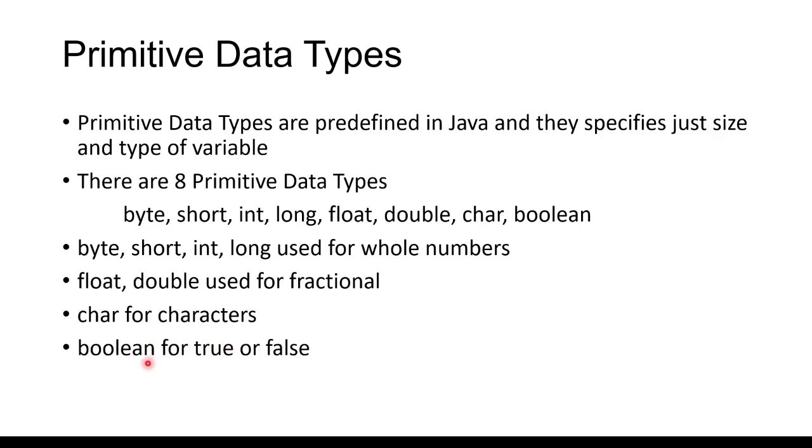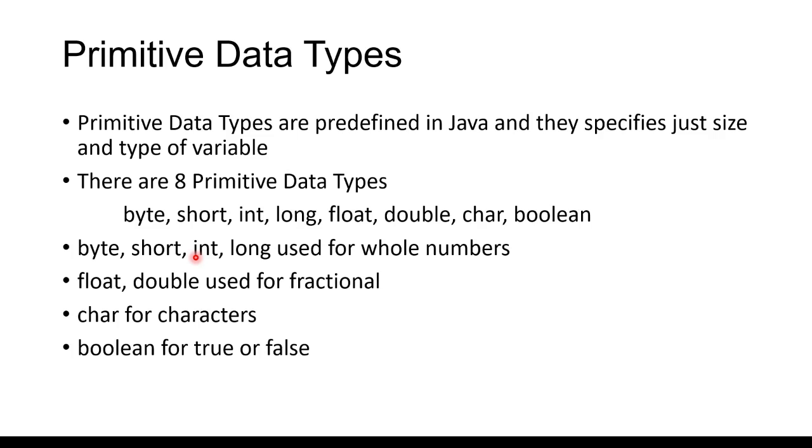Here we are saying byte, short, int, and long are used for whole numbers, but what is the difference between them, and why do we use 4 data types to store whole numbers and two data types to store fractional numbers? These 4, byte, short, int, and long, are used to store whole numbers, but the values we can store in them are different.